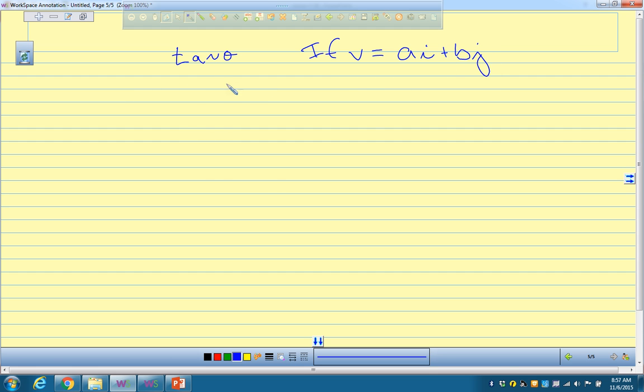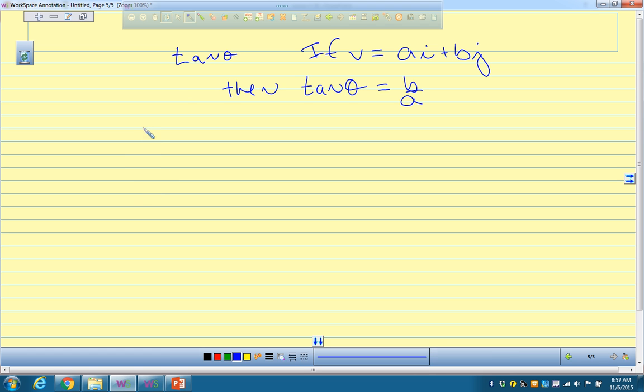Then tangent of theta is equal to B over A. Yes? Because that's like the y component over the x component, and you can find an angle by dividing B over A.